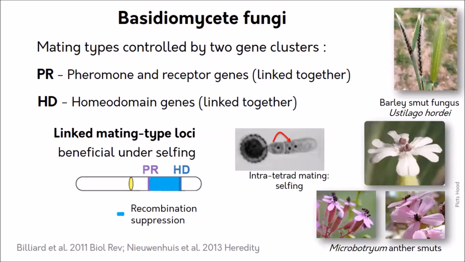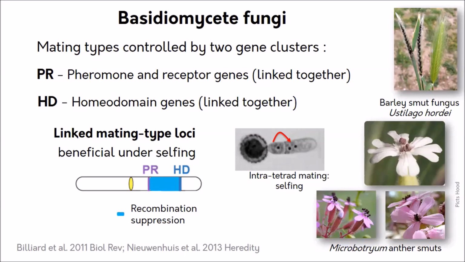And actually, in the selfing fungi, we often observe that the PR and HD loci are linked together by suppressed recombination. And we think this is beneficial under selfing, because if the two loci are unlinked, you produce four mating types after meiosis, while if they are linked, you have only two mating types after meiosis.